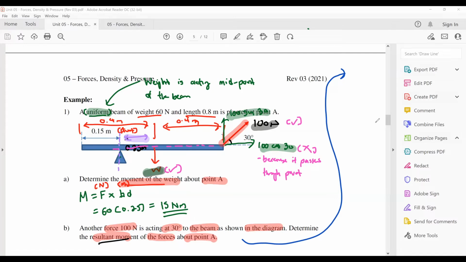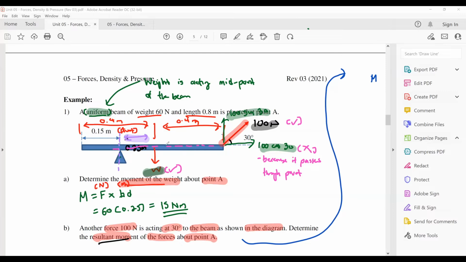Now, when you want to find the moments, moment, as I mentioned to you, is a vector. There is an associated direction to it, either clockwise or anti-clockwise. So if it's a vector, there's a direction to consider. That also means that you will end up having positive or negatives for vectors.